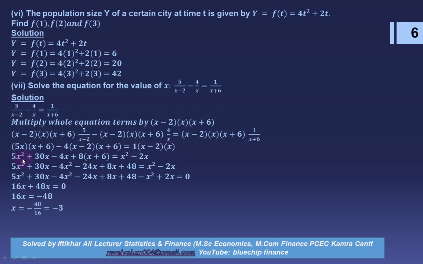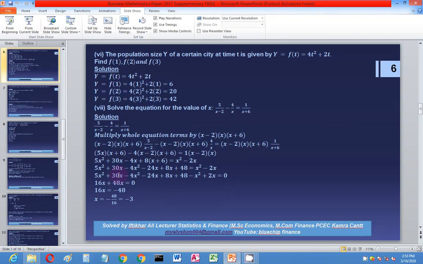And after the calculation, it will become 5x square plus 30x minus 4x plus 8 multiplied by x plus 6 equals to x square minus 2x. And further we reduce more and it will become 16x plus 48 equals to 0.